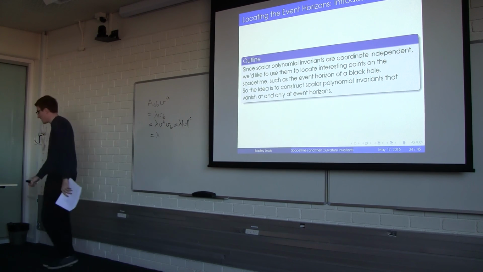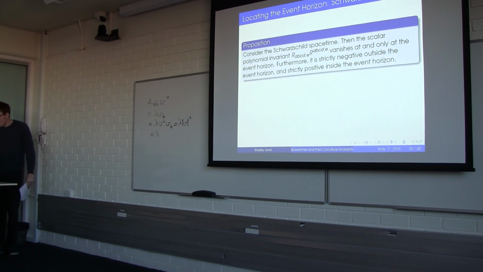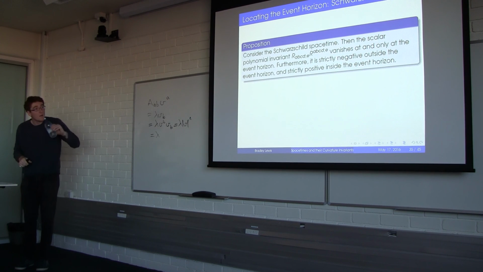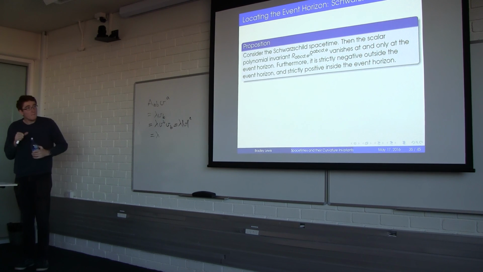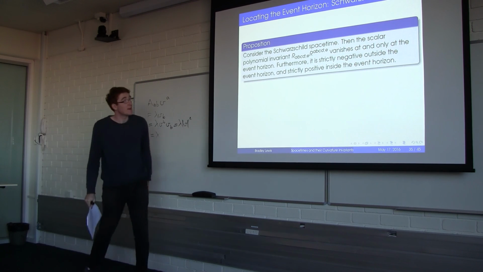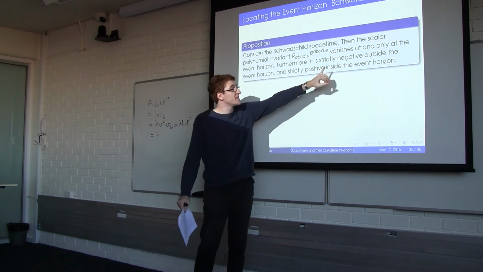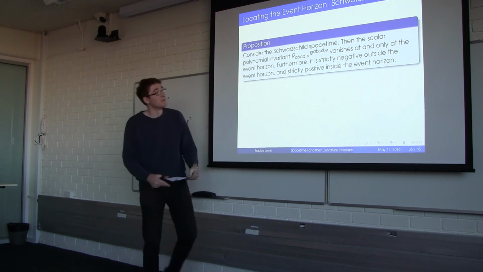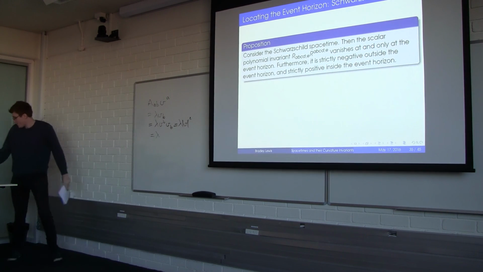And if we construct this quantity for the Schwarzschild spacetime, we'll see that it vanishes at and only at the event horizon. It's also strictly negative outside the horizon and strictly positive inside the horizon. So that's quite nice.